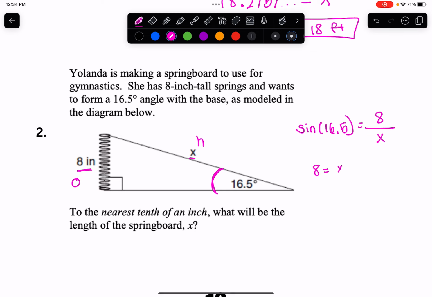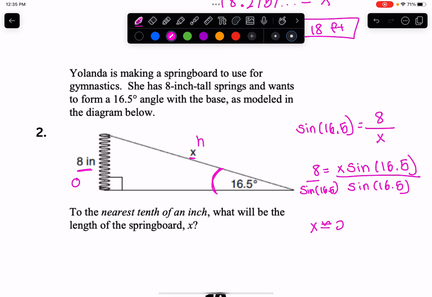When you cross multiply, again, we're going to get that 8 is equal to sine 16.5 times x. Now again, sine of 16.5 is just a number, so I'm going to divide both sides. So I'm going to do 8 divided by sine of 16.5. I get that x is equal to 28.167... Here we're rounding to the nearest tenth, so we'll get 28.2 inches.